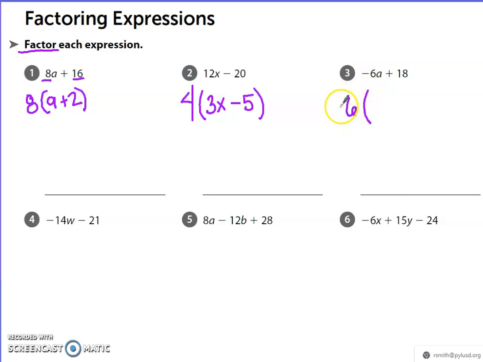I'm going to put it in my greatest common factor. That way I'll have a left over. And if I divide out a factor of negative 6, I'm going to be left with negative 3. And you can check your work. Negative 6 times negative 3, is it positive 18? Then it works for our expression.